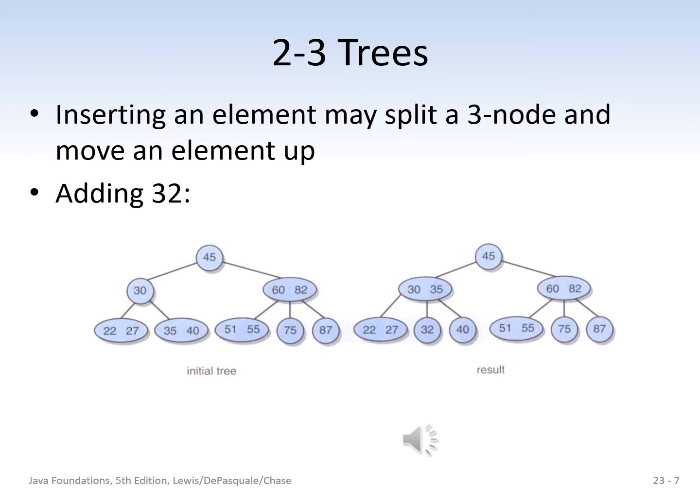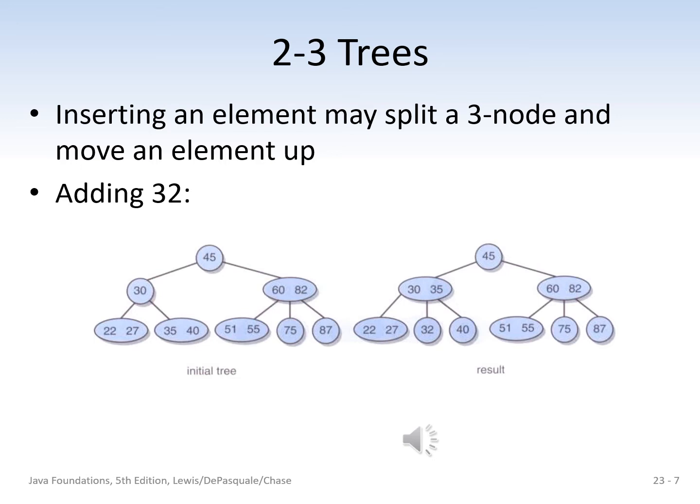Another example is shown here where inserting an element may split a 3-node and move an element up. So in this example, we can see the structure of the initial tree, and we're going to add 32.